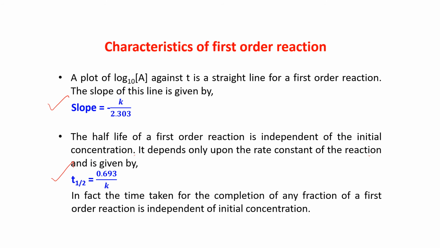If it is a first order reaction, it will follow and satisfy all these things. In fact, the time taken for completion of any fraction of a first order reaction is independent of initial concentration. Am I clear?